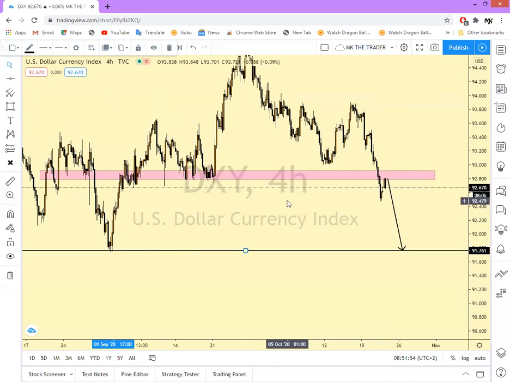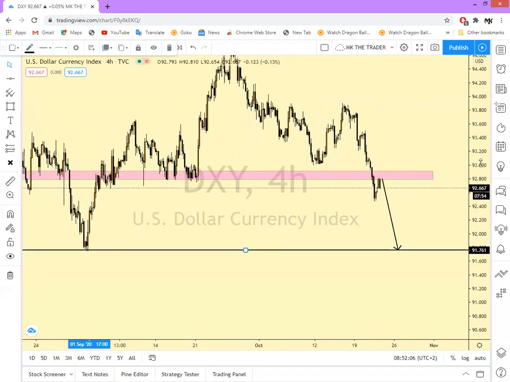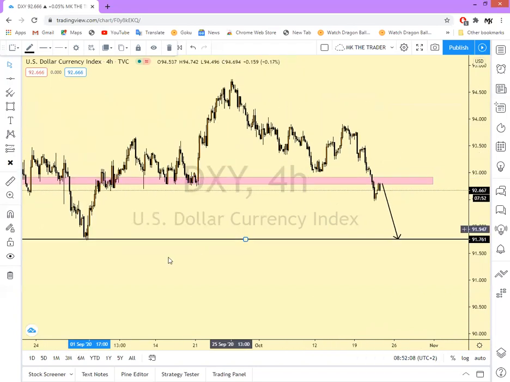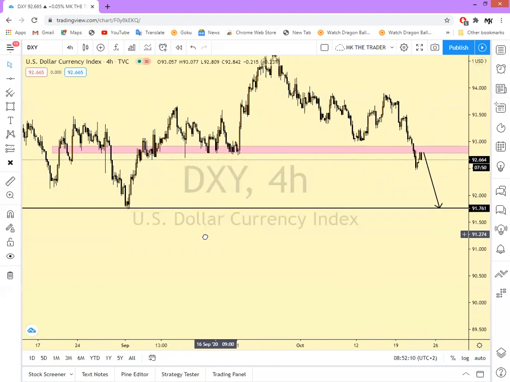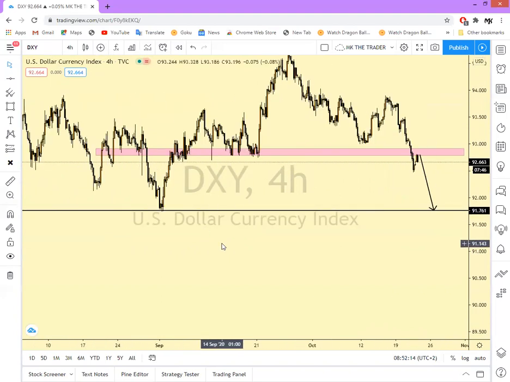But we must first at least have some fake out on those other ones before it continues to the downside. So this one is going to guide us, but I really don't use it that much. I'm not going to dive that deep into this one because I hardly use it.